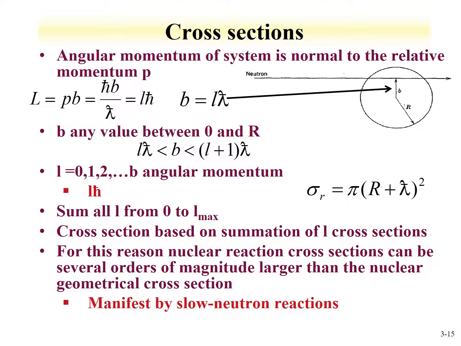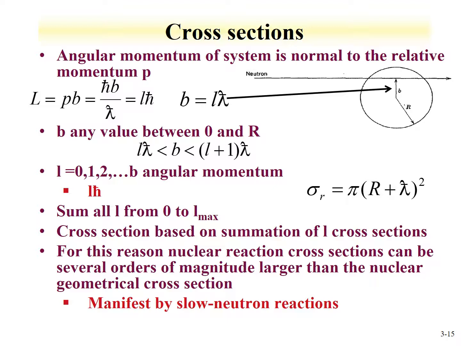Now we can look at this, and the impact parameter can have any value between 0 and r. So the possible ranges are listed here, where the orbital angular momentum is equal to 0 to b, where we can now sum all these terms from 0 to the maximum value of the orbital angular momentum.